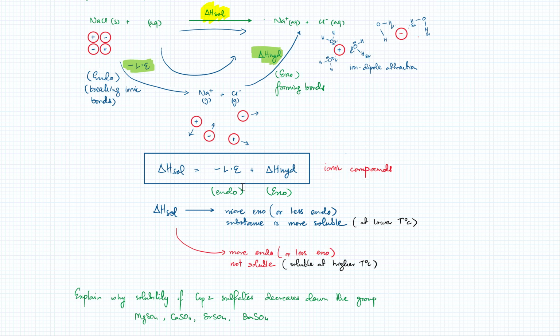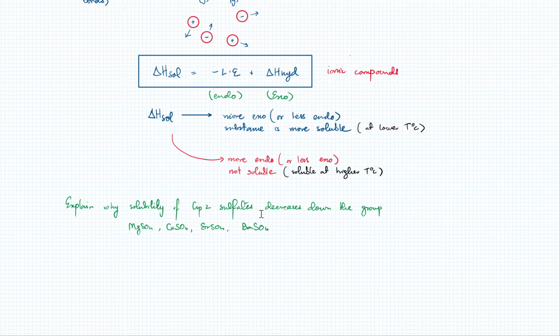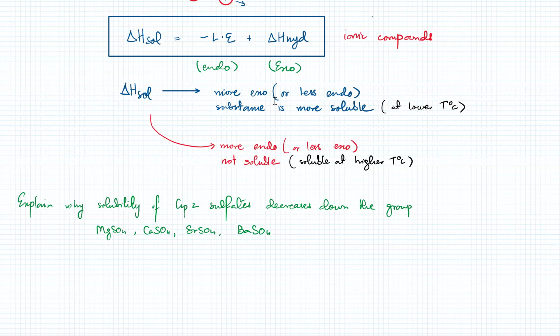So two parts. One part is endo, the other part is exo. And I told you that if enthalpy of solution comes out to be more exothermic, that means the substance is very soluble, especially at lower temperatures. And if your enthalpy of solution becomes more endothermic or is endothermic, that would indicate that a lot of energy is required, and it's going to dissolve at a much higher temperature.